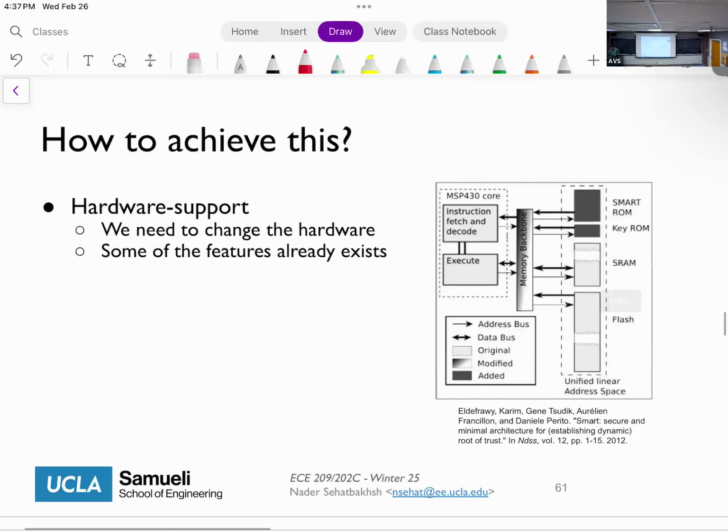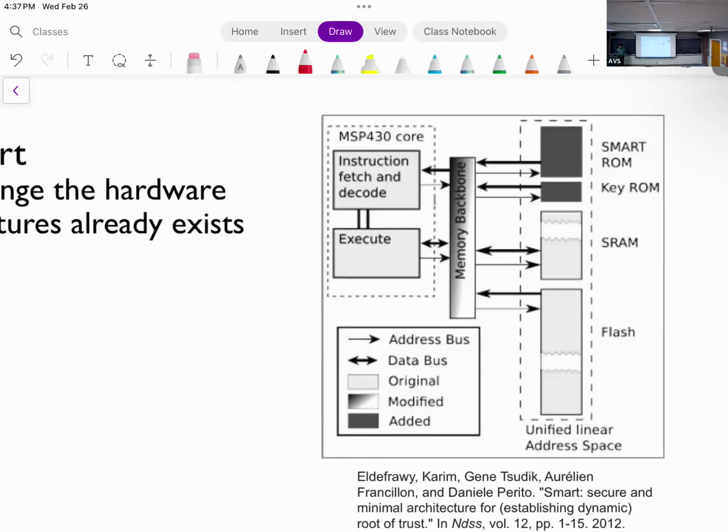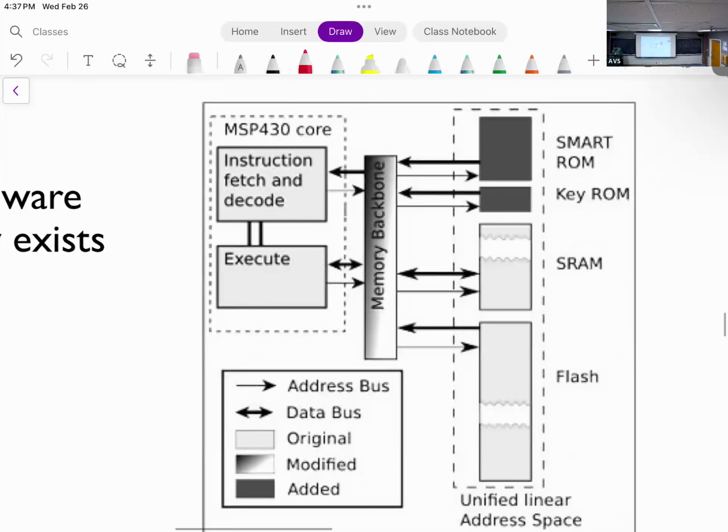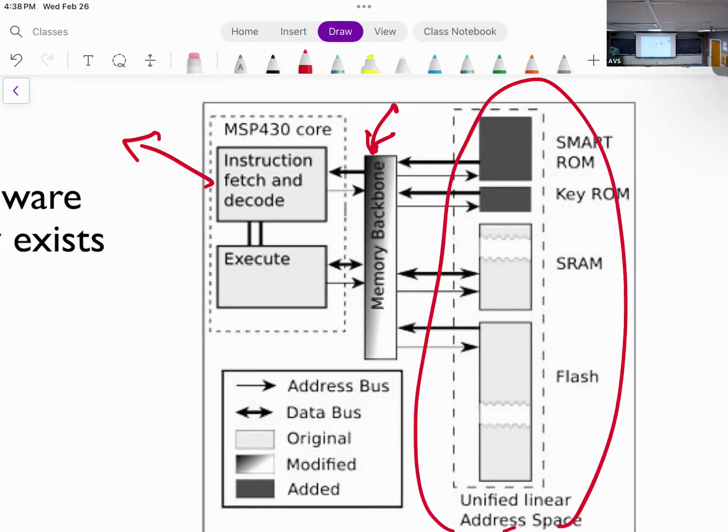This is the very first paper that does this, called SMART. As you can see, the design is that you have your CPU here, you have your bus here, and this is your memory. The darker colored ones are the attestation code and attestation key. You make sure that your attestation code and key are stored in ROM.